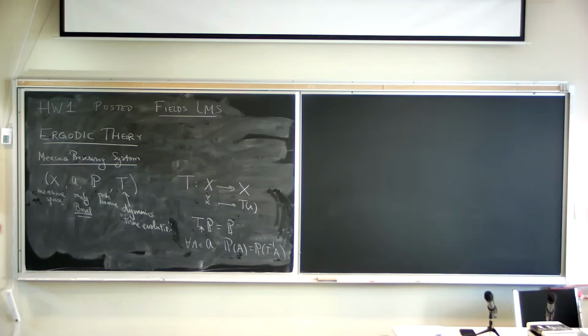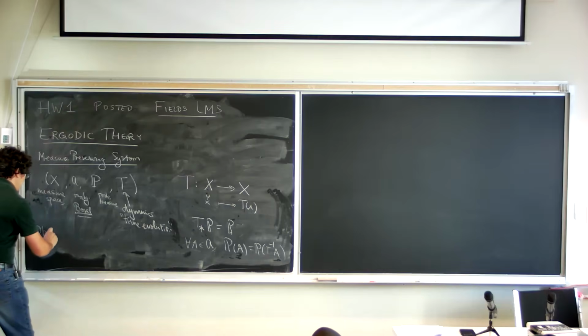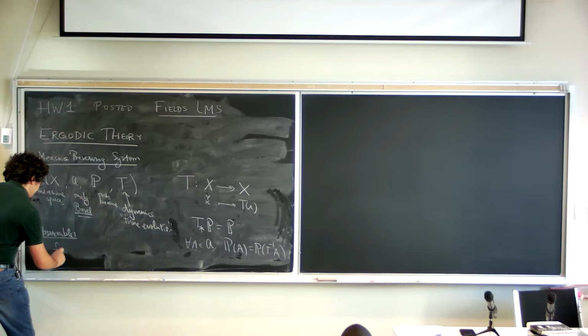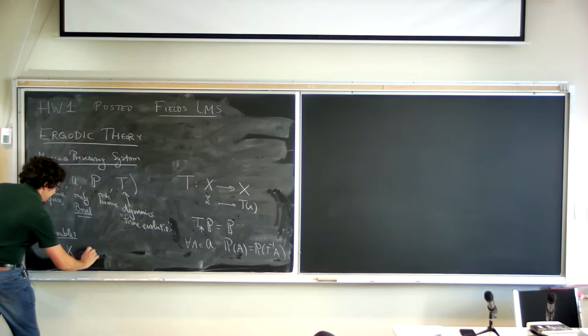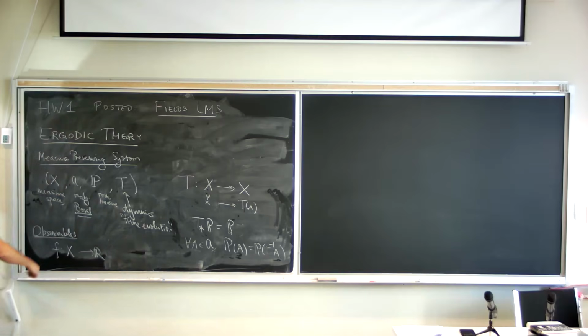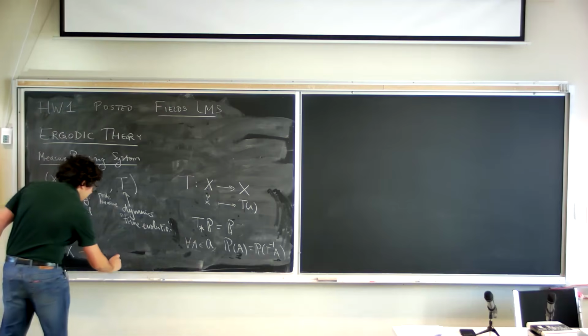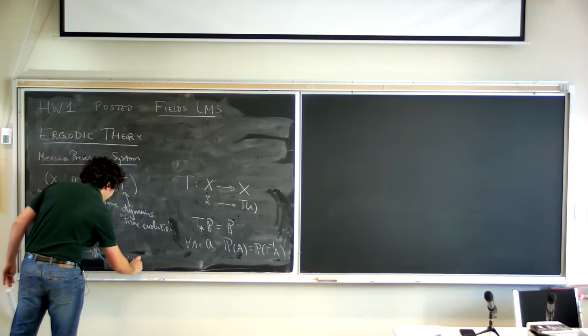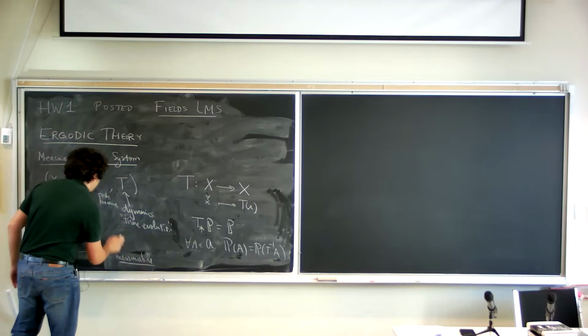Okay, and this is the setting. The other thing that we discussed is that the way we probe the system is using so-called observables, which are just functions on your space. The only thing that you require is that they are measurable with respect to this sigma algebra.